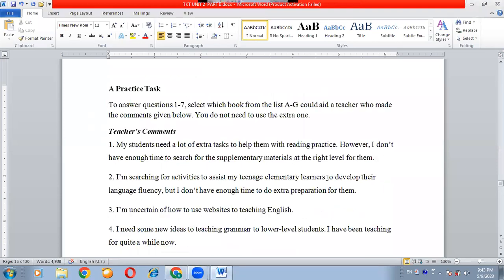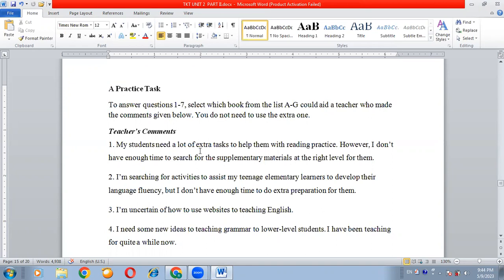So what do you have to do to answer questions 1 to 7? Select which book from the list A to G could be recommended to the teacher who made the comments given. You do not need to use the extra one, there is only one extra.